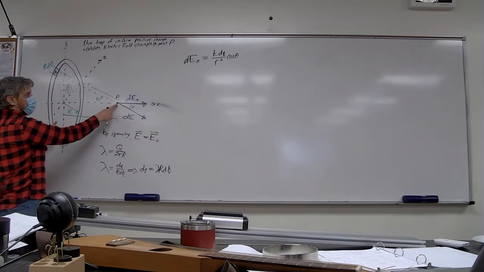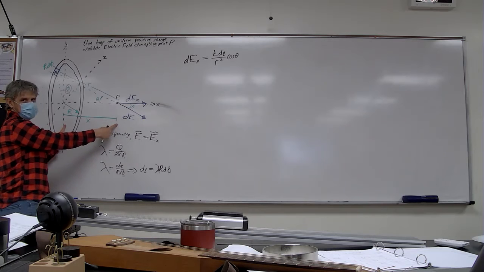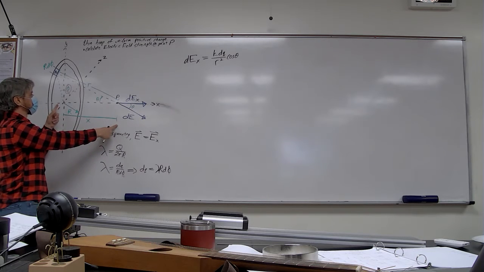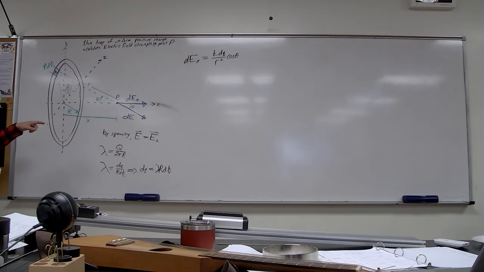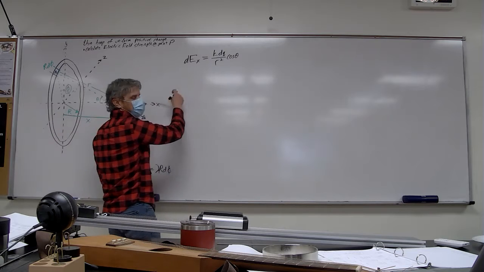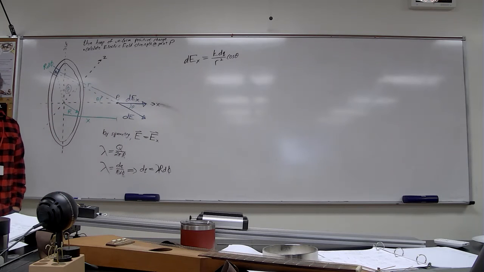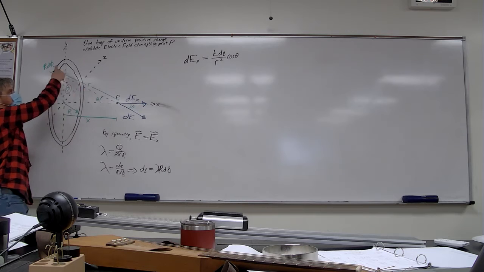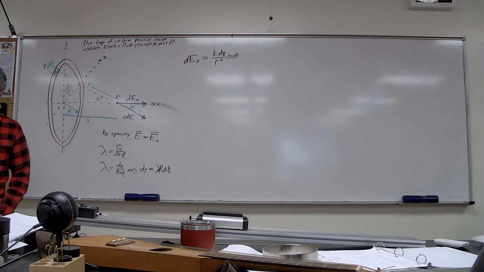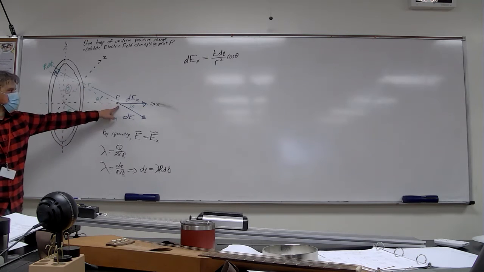So we have a point that's an x distance away from the origin, and then we have our dimensions of the hoop here. So I don't actually want r. I want to express r in terms of the dimensions of the hoop and the distance to the point.